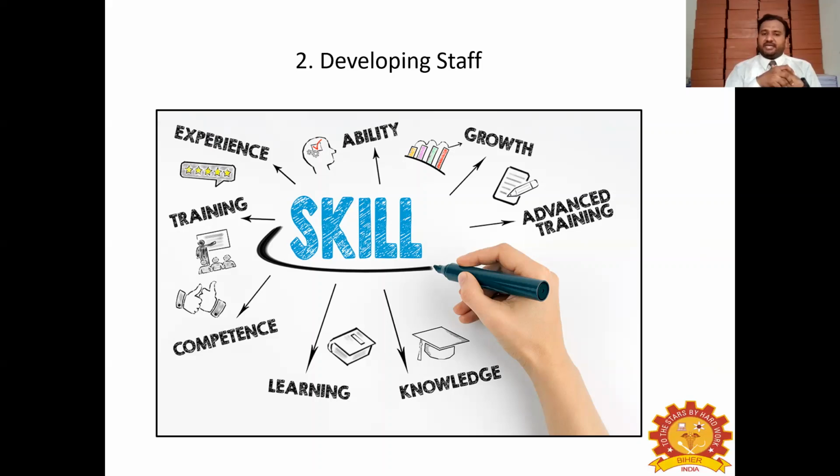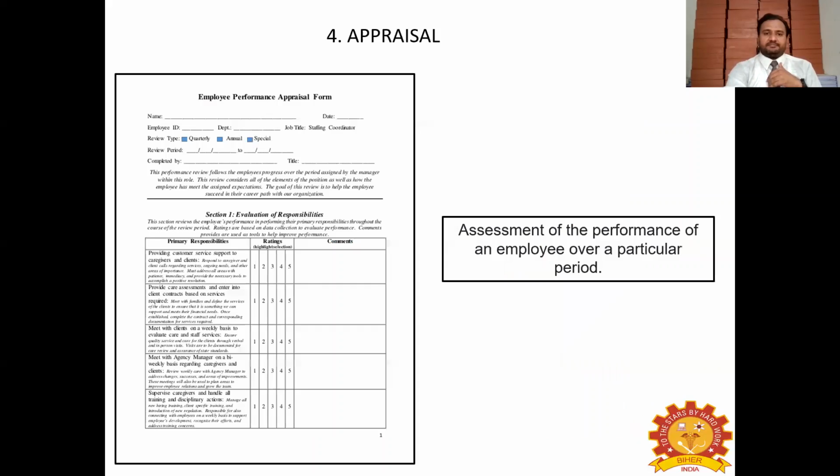By conducting trainings, their skill can be developed. We will make them more competent, that is their competency value will get increased, and they can learn a lot of things from our organization. So in this way, we can develop a staff once they have been employed in our organization.